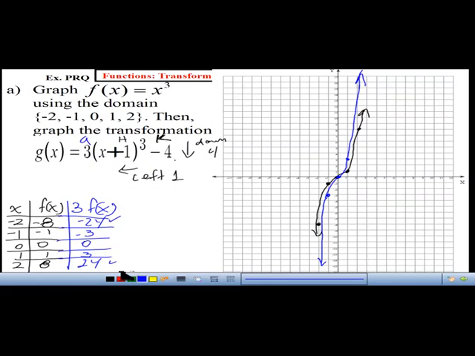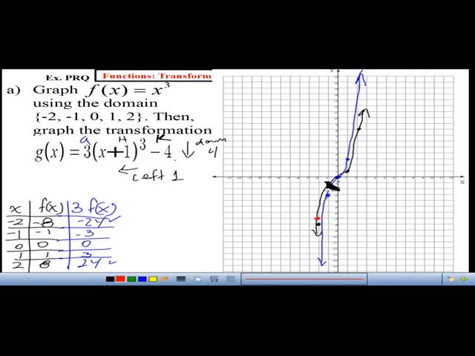Are we done? No. What's our last thing? We need to move it 1 to the left and 4 down for each of these points. How many points do we have? 3 of them here on the blue one, 3. So I'm going to go 1 to the left, 1, 2, 3, 4.